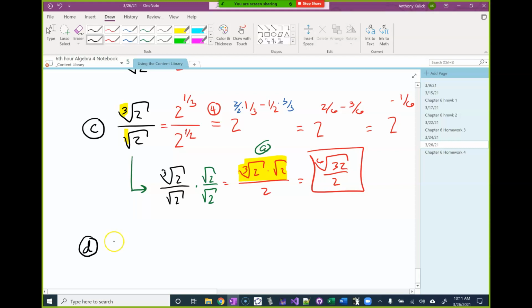All right, let's do now the third root of 18 times the fourth root of 24.